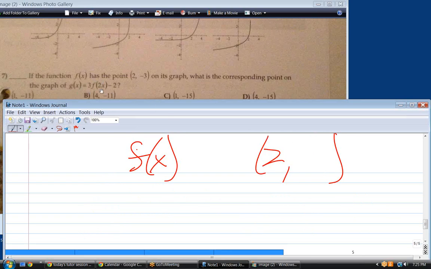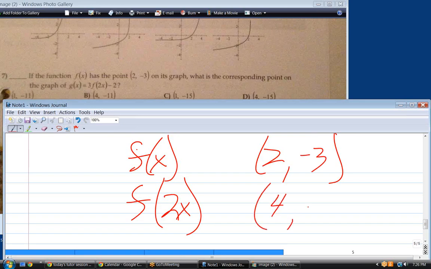To figure out what f of 2x would mean. F of 2x would mean the point would have to be 4 comma minus 3. See how? Okay. Yeah. Okay.